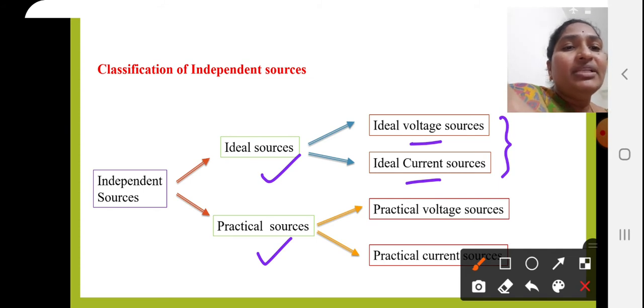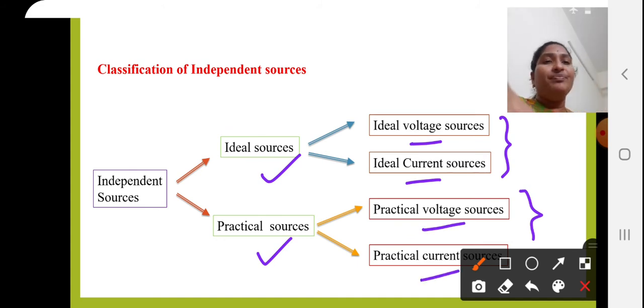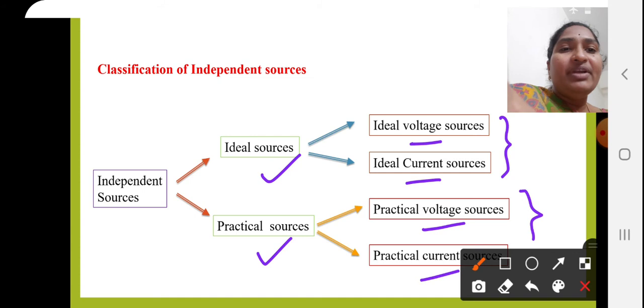And practical sources are again classified into two types, practical voltage source and practical current source.